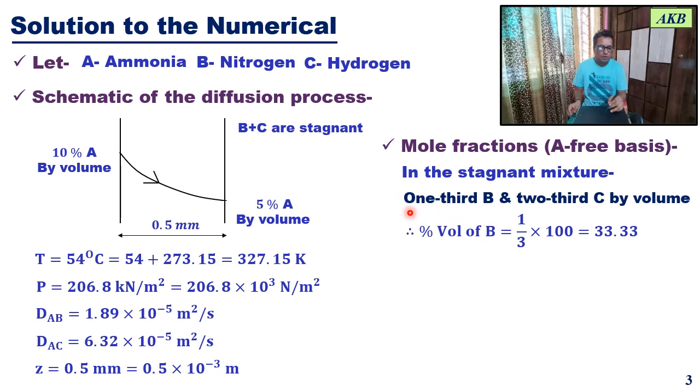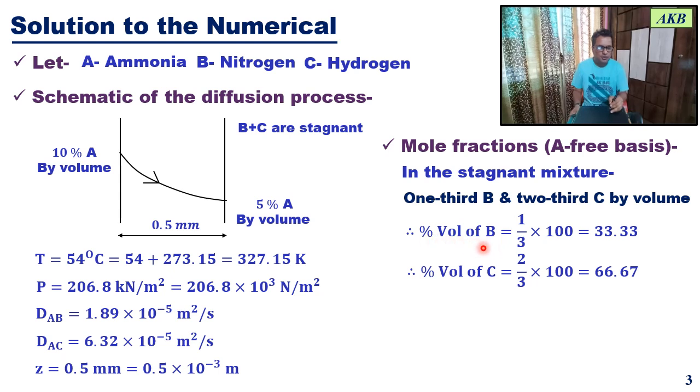Now, how to convert this information into something that is understandable? Let us understand this. From this information, we can directly know what is the percentage volume of B in the mixture.